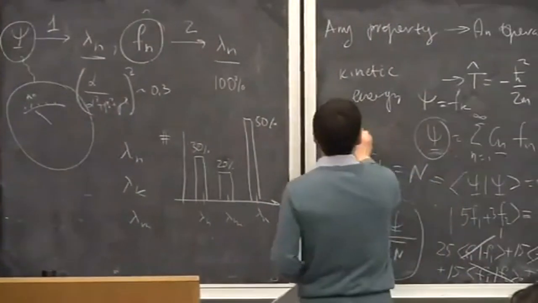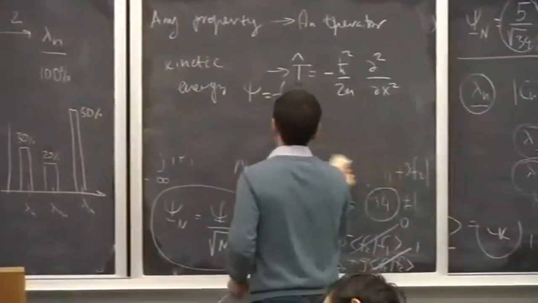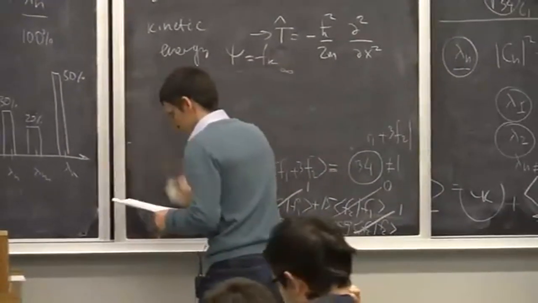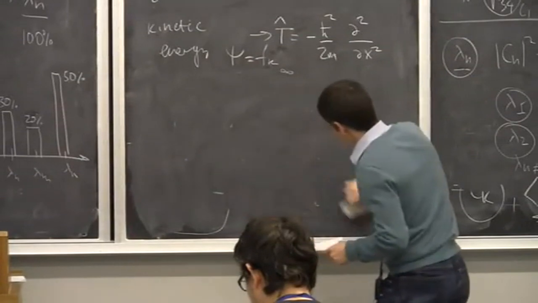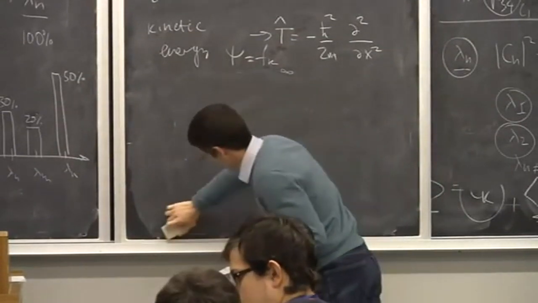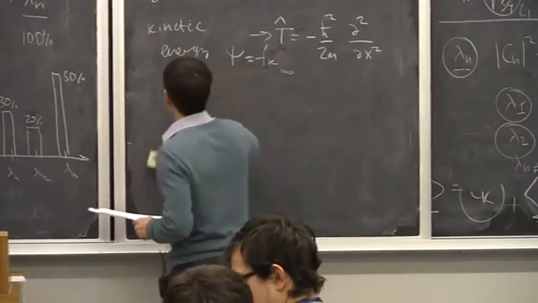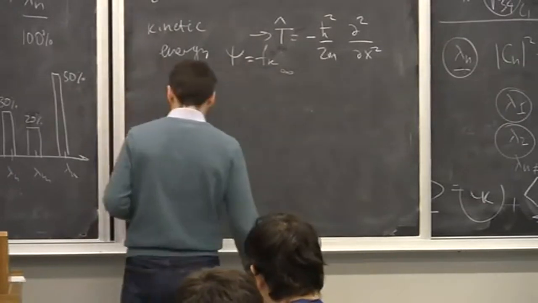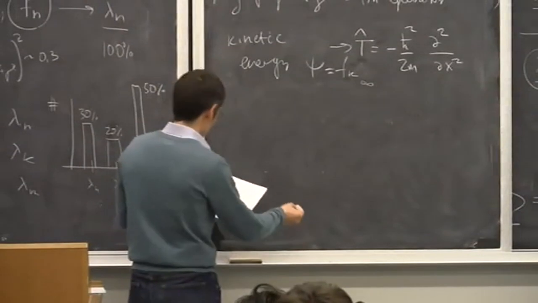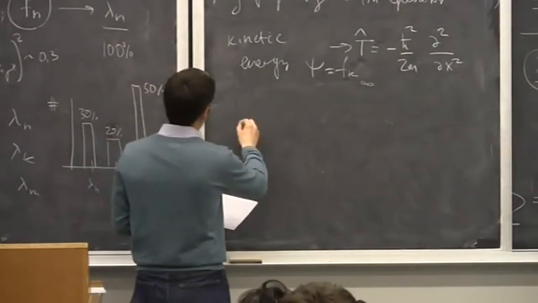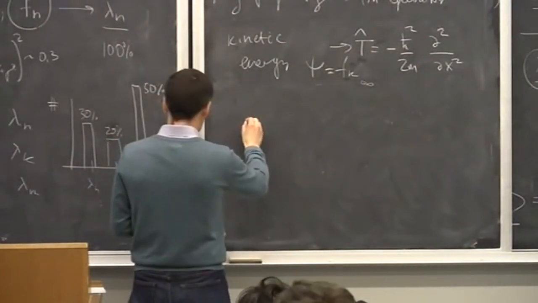In quantum mechanics, there is an easy way to find average. And it turns out you don't even need eigenfunctions for that. You can go through the eigenfunctions, or you can skip the eigenfunctions. So first, the simple way. How do we characterize average?